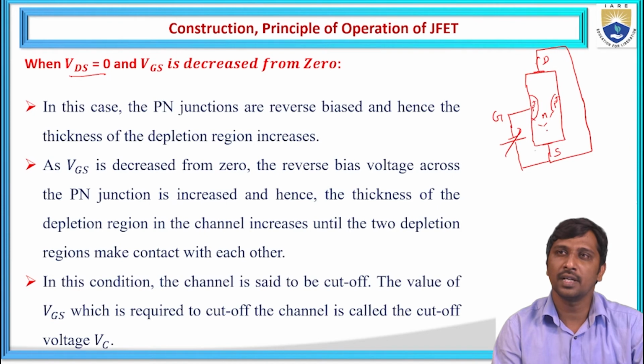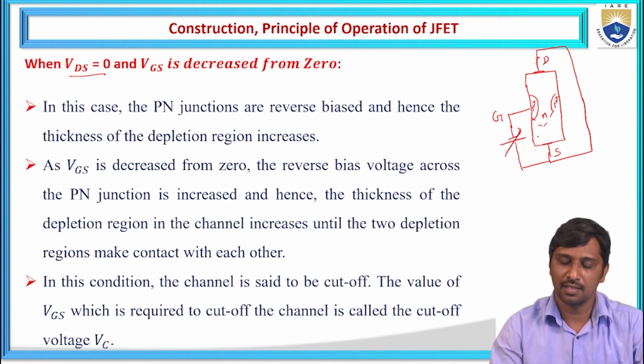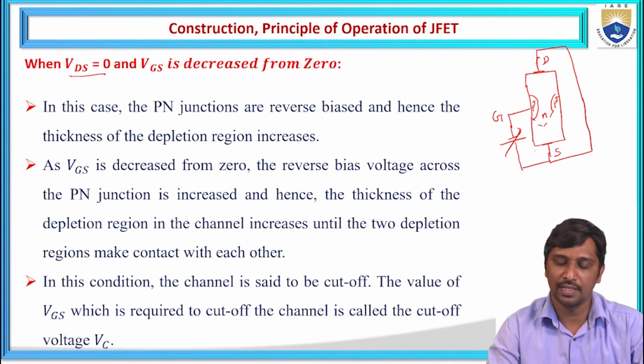Hence, there is no conduction again from the drain to source. And for this case, now we apply a reverse voltage between gate and the source. If you observe the construction of the N-channel JFET, the gate is made with P-plus material. So for this P-type material, if you apply the negative pole of the battery, this particular junction becomes reverse biased. Hence, the depletion layer width increases.